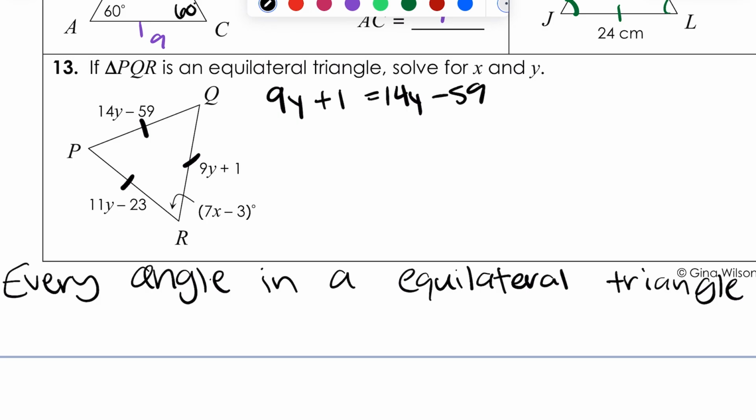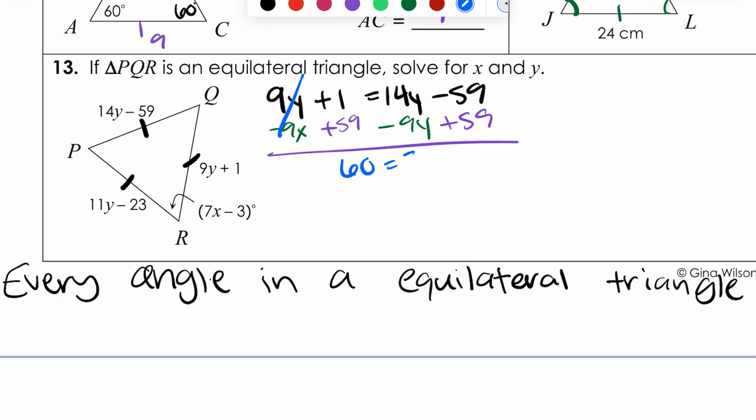It doesn't matter which 2 you pick. Subtract 9y. Add 59 to both sides. Those cancel. 60 equals 5y. Divide by 5, and y equals 12.